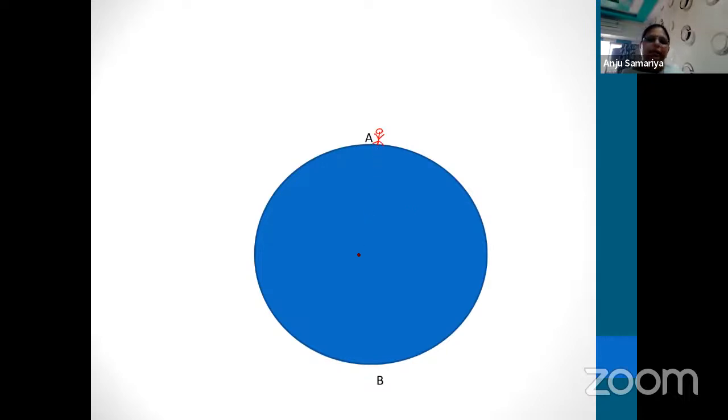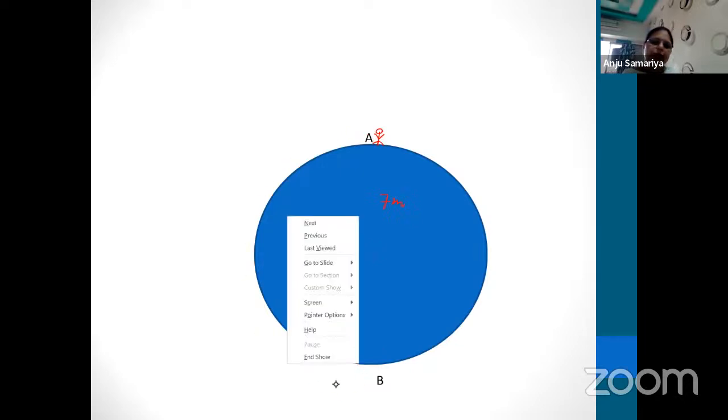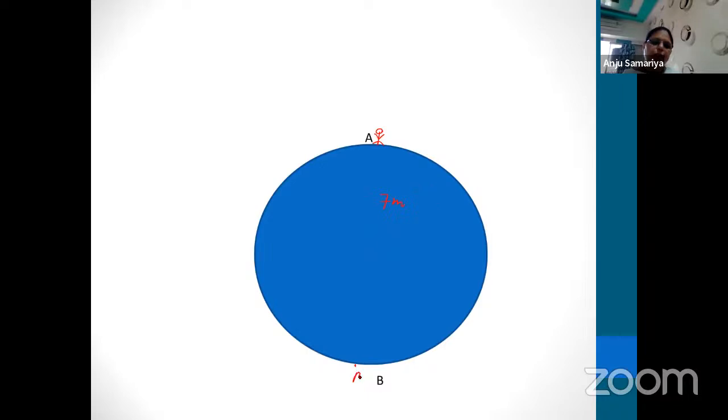And let's say the radius of the circular path is 7 meters. So the boy travels from A to B, where B is a point exactly opposite to A. So can you tell me what is the distance traveled?